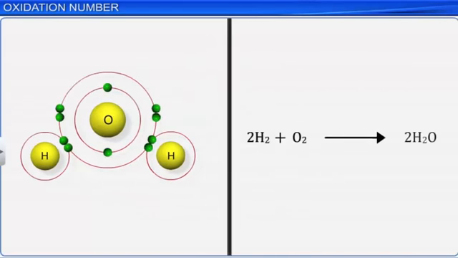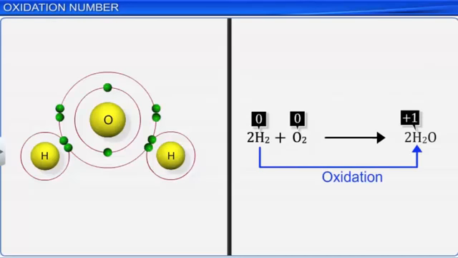In the formation of water from its elements, we can assume that hydrogen and oxygen atoms are undergoing a change from neutral state to positive and negative state respectively. This we can predict is due to the transfer of an electron from hydrogen to oxygen.